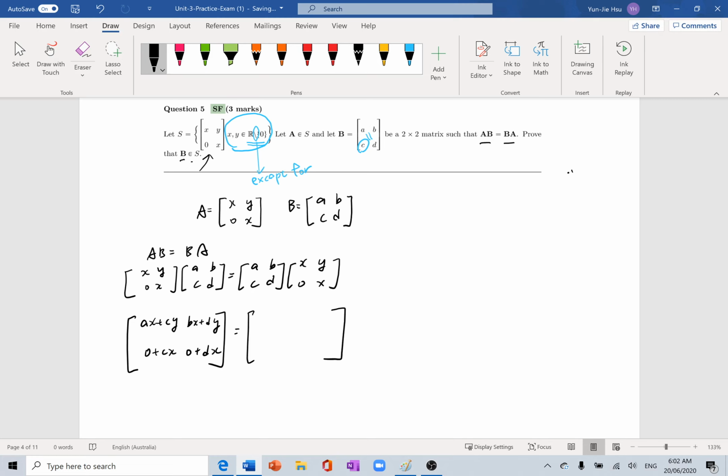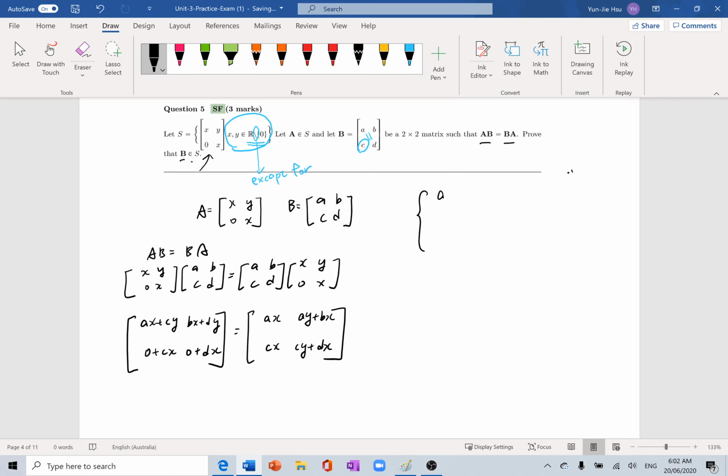So here we get ax plus 0. Here we get ay plus bx. Here we get cx. Here we get cy plus dx. So we get the equations, what?